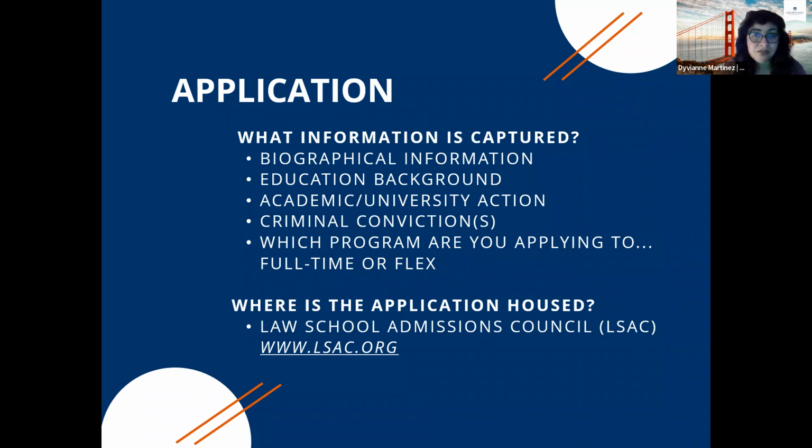We want to know everywhere that you have attended school, from if you went to community college, your undergraduate degree, or if you have a graduate education. We will also ask for your academic or university action information or criminal convictions, which fit into the character and fitness section of our application, which we will go over in detail a little bit later.